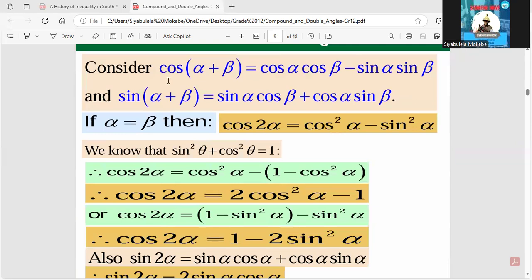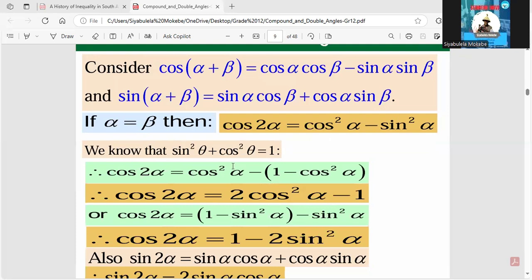Now, consider cos(alpha plus beta) equal to cos alpha cos beta minus sin alpha sin beta. These are the angles that we just proved. Now, what happens if we say alpha is equal to beta? Then cos 2 alpha will be equal to cos squared alpha minus sin squared alpha. But we also know that sin squared theta plus cos squared theta is equal to 1.